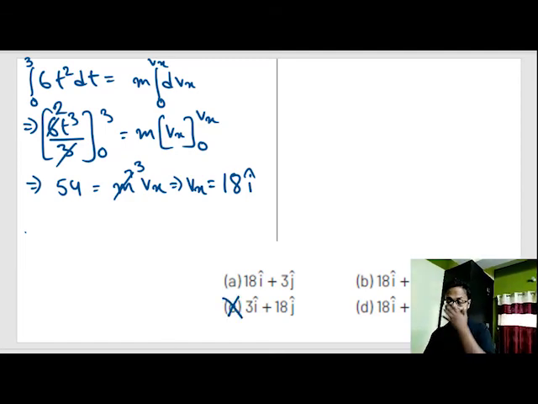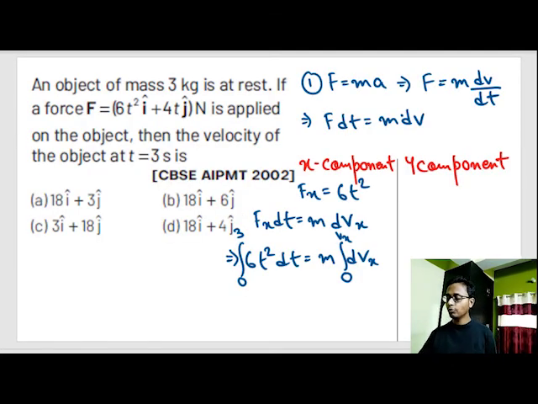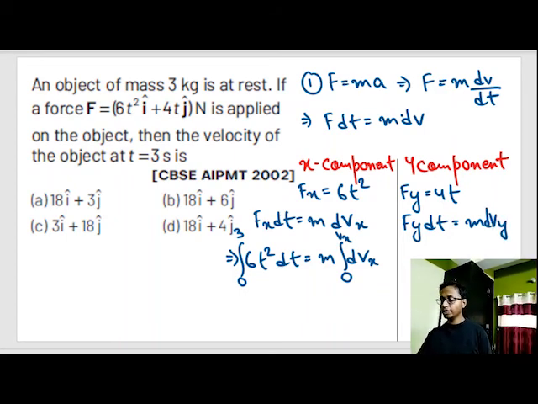Now let's look at the y component. In y component, Fy is given as 4t. Therefore Fy dt is equals to m dvy, the change in velocity in y axis.